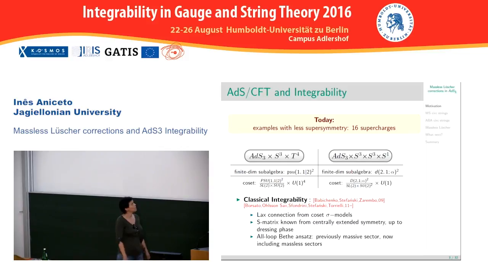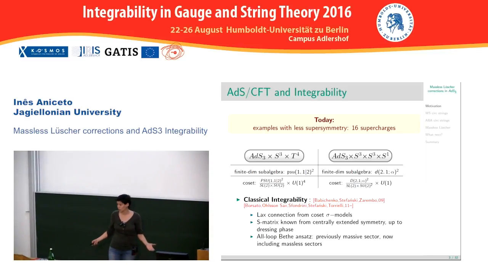But today, what I'll be talking about is, of course, not N=4 super Yang-Mills and AdS5×S5, but another example which has less supersymmetry, which is AdS3 integrability, which is basically strings on either AdS3×S3×T4 or AdS3×S3×S1. So we again have a finite dimensional subalgebra.